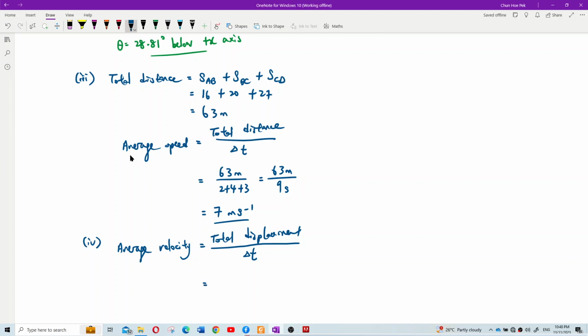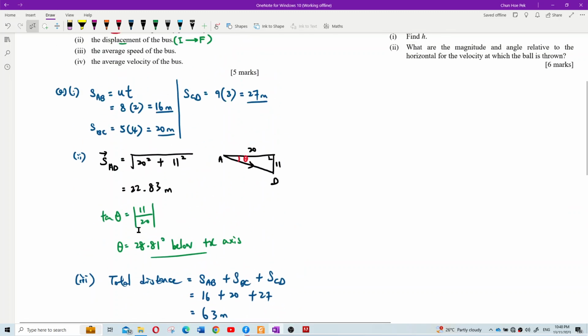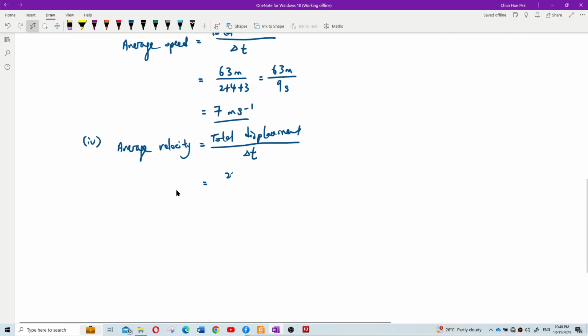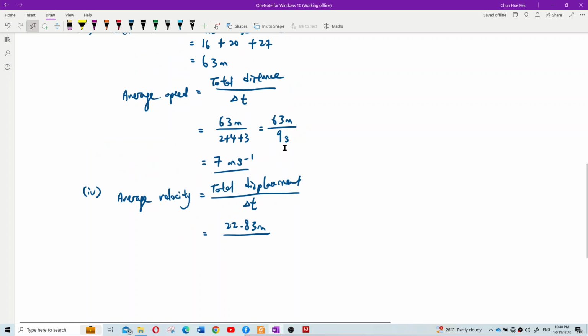Total displacement, so just now, take the shortcut. Total displacement is this one, 22.83 meters. Write it down. 22.83 meters divided by the total time taken, which is 9 seconds.